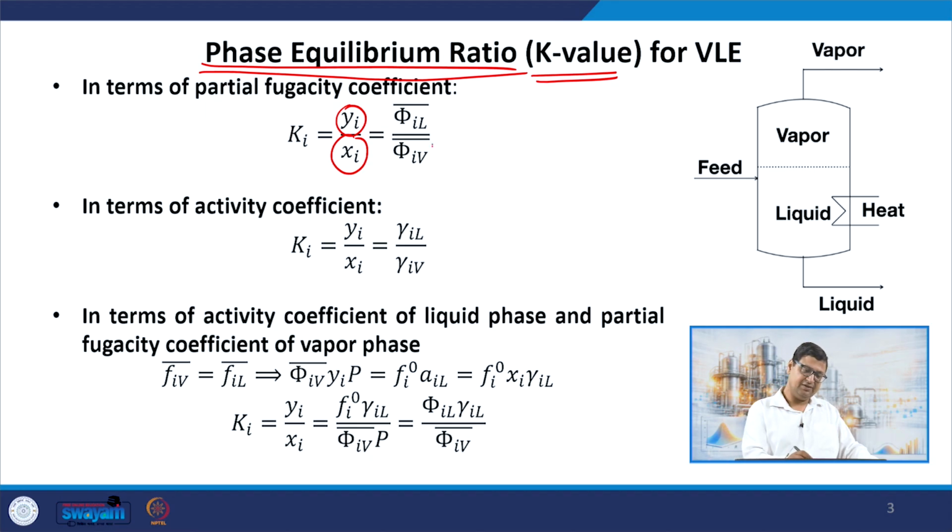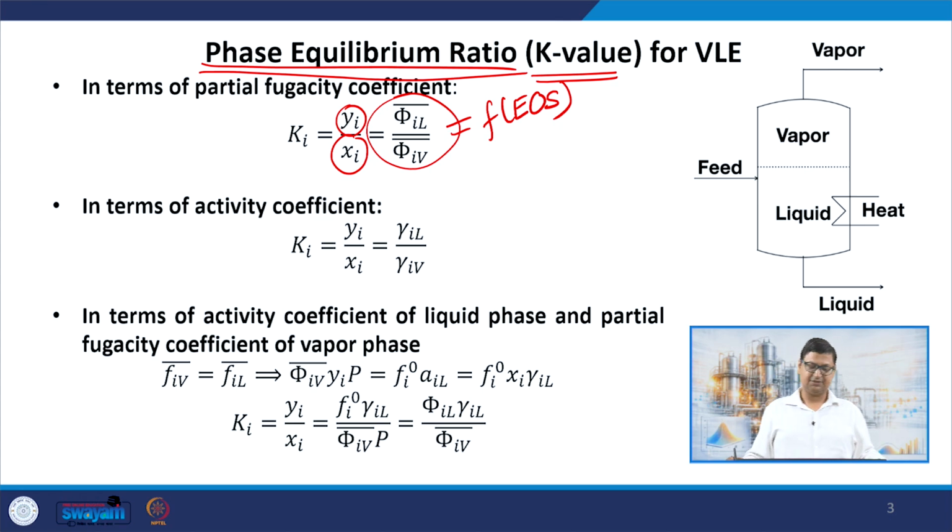This quantity can be expressed in terms of the partial fugacity coefficients, basically the ratio of the partial fugacity coefficient of the liquid and the vapor, which has to come from the equation of state. However, in the case of liquids, it is more convenient to work in terms of activity coefficient instead, and in that case, we can write it also as a ratio of the activity coefficients, right?